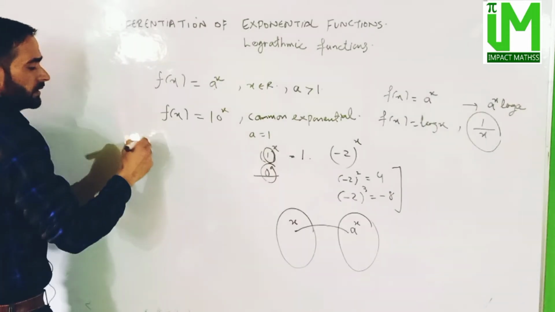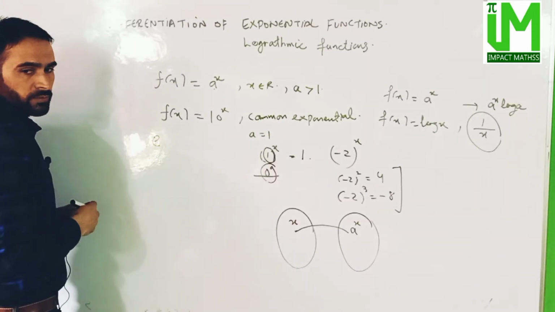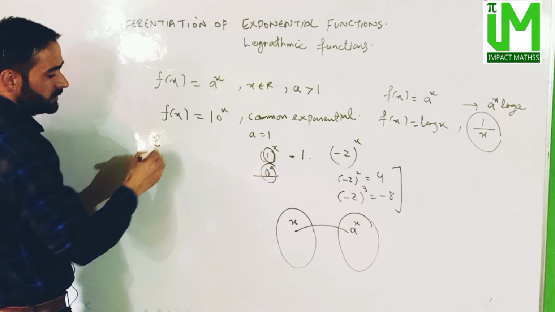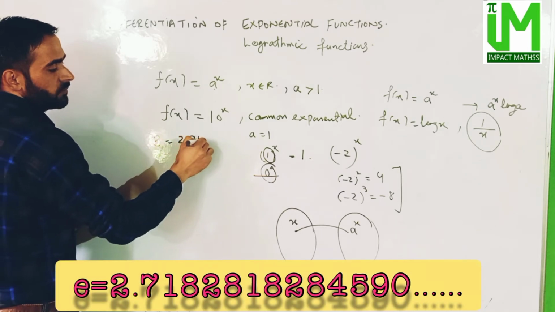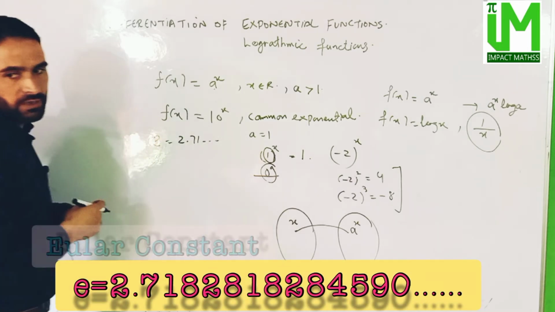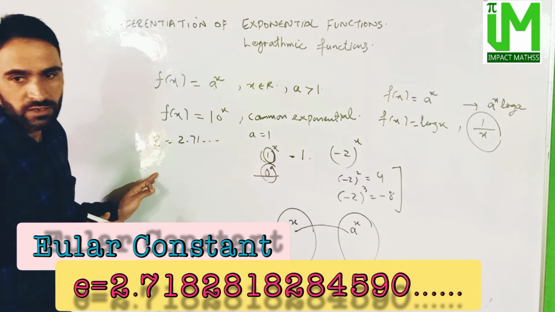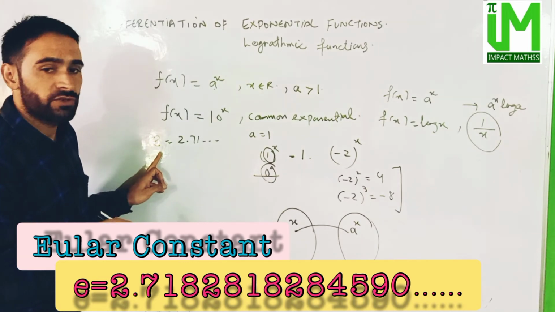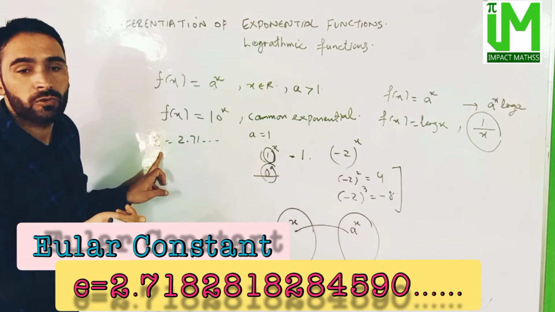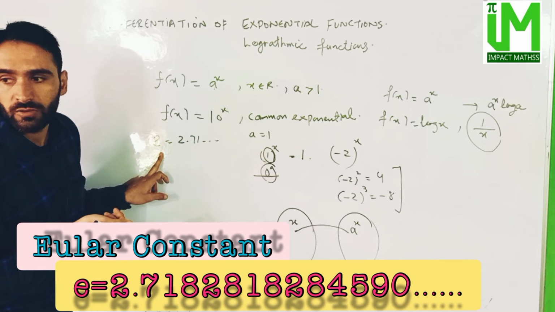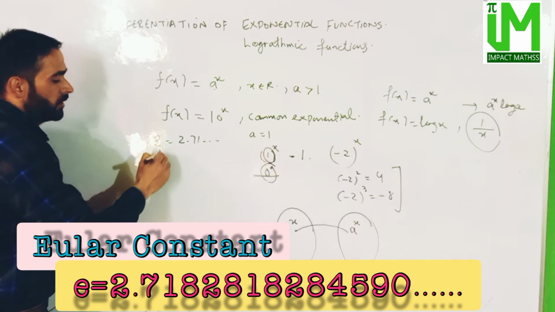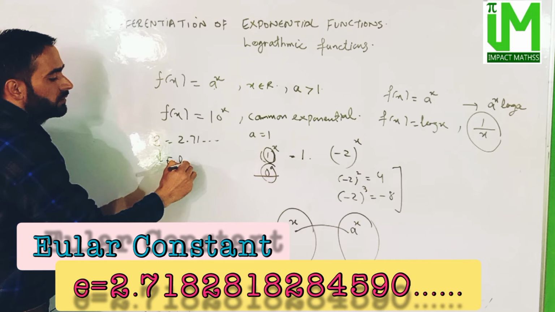Now if we take e, the transcendental number, what is the value of e? It is 2.71 and something. So e is called the transcendental number, and it is also called the Euler constant.